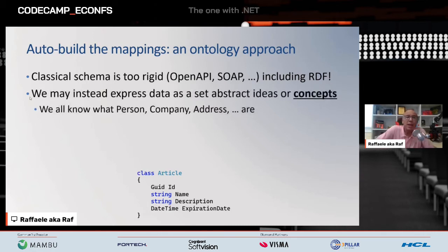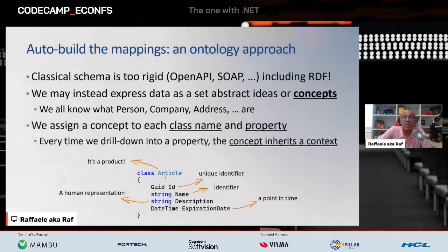So we can instead express the data as concepts, using the semantic meaning. Well, what does article mean? What does name mean? But pay attention, it's not just name. This is name in the context of an article. And this means that we can assign a concept to each class name and property name.